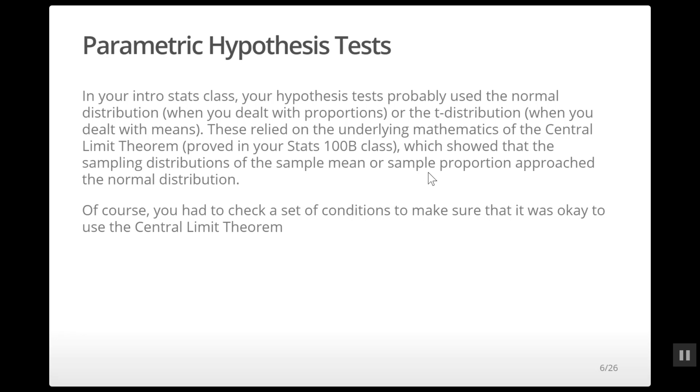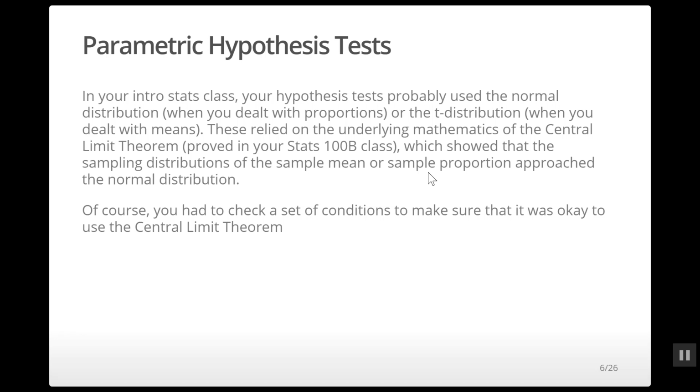And maybe you have to prove that in Stats 100B. Maybe, okay. The central limit theorem says that the sampling distributions of the sample mean or sample proportion approach the normal distribution under certain conditions, okay? And you're supposed to check conditions to make sure that you can apply the central limit theorem. Okay, and that also sounds reasonable to you guys?